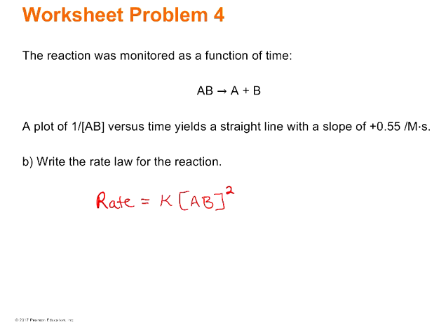But we also said that the rate constant is 0.55 inverse moles times inverse seconds, or moles per liter per second. And then we'll just multiply that by the concentration of the reactant squared. So not too bad.